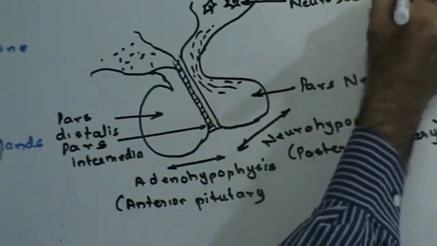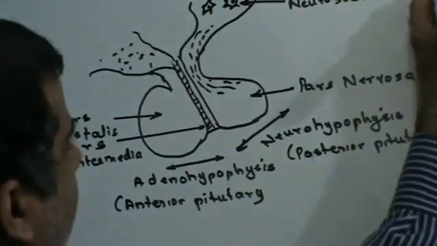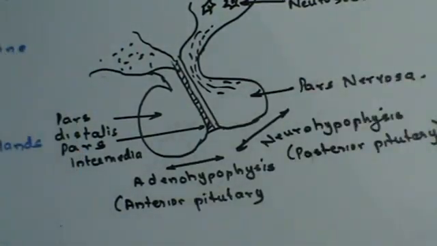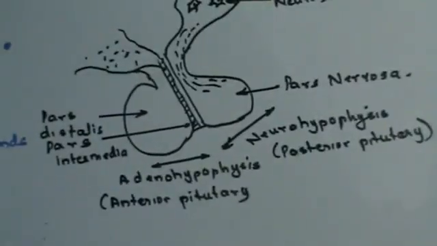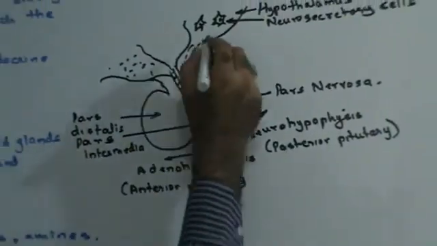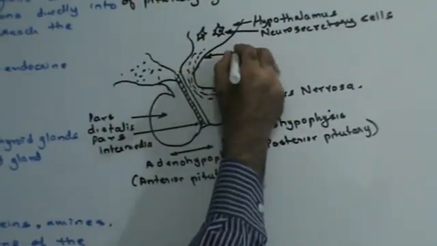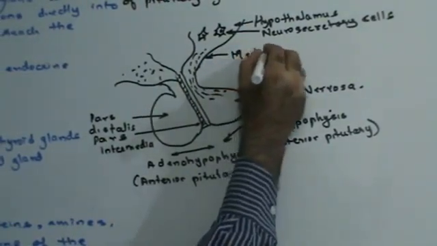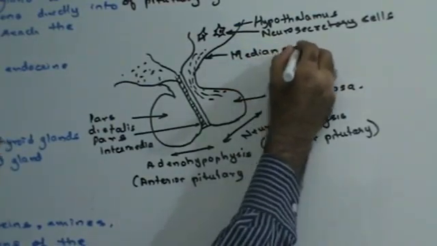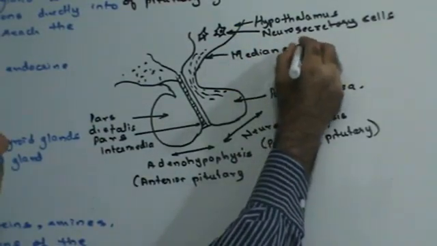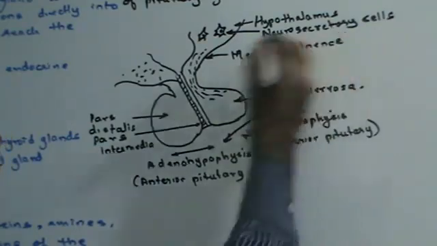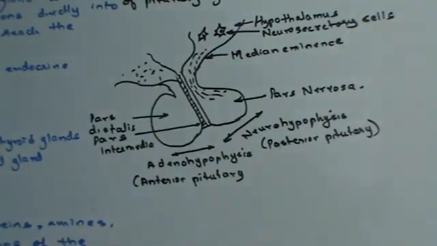Then you have the median eminence. This is your median eminence. And you have the hypophyseal stalk.